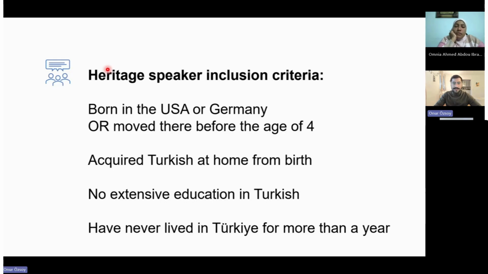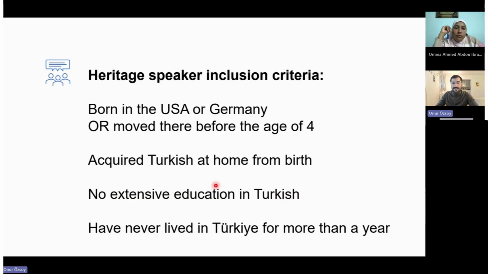There are multiple ways to define a heritage speaker, but as I often define it, it's someone who was born in the US or Germany or any other country that is not Turkey, or has moved there before the age of 4, so as a very young child, and has acquired Turkish at home from birth, or any other heritage language.